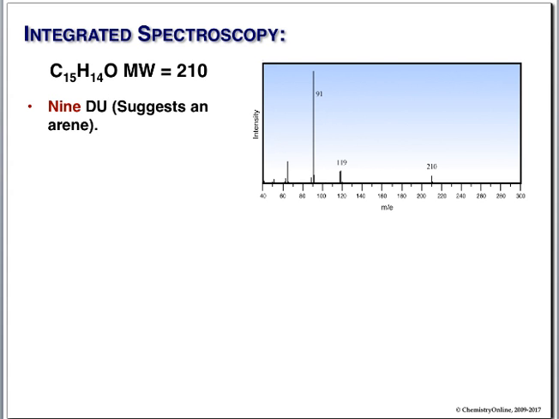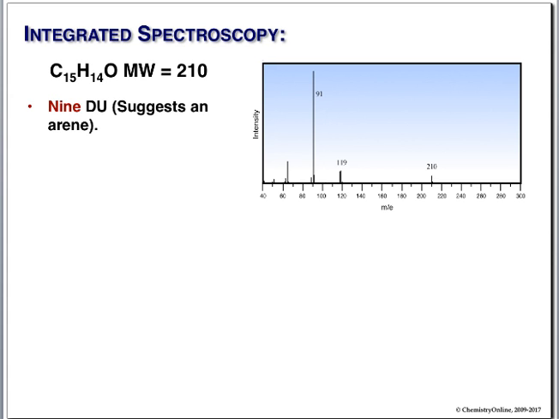Look at our mass spec. What's our base peak? That's the biggest. The 91. What does that tell you? Benzyl group, right. Now we start here at 210. 210 minus 119 is what? 91.